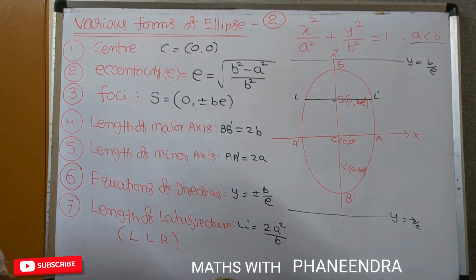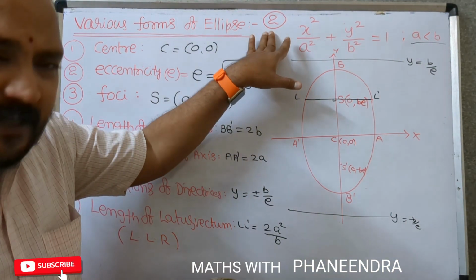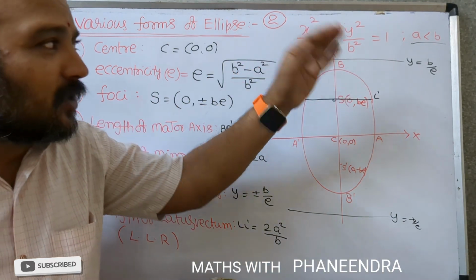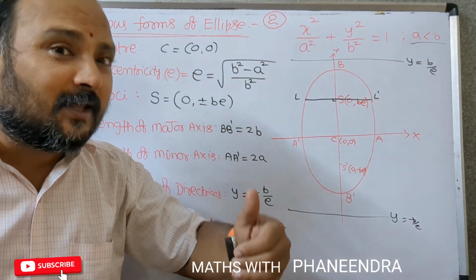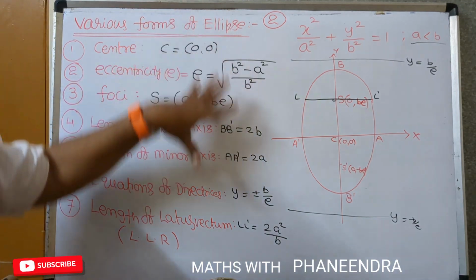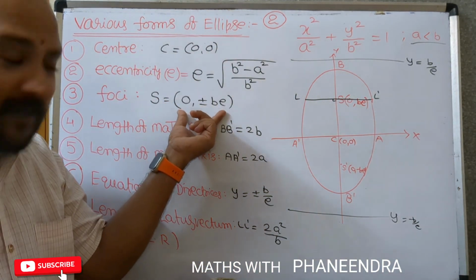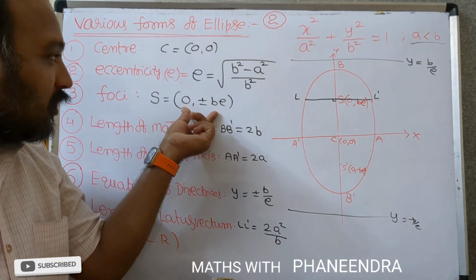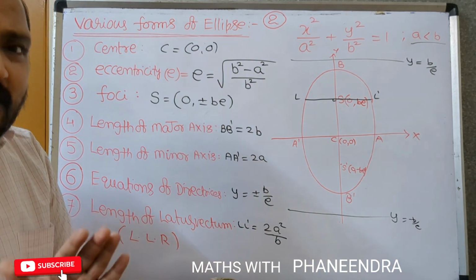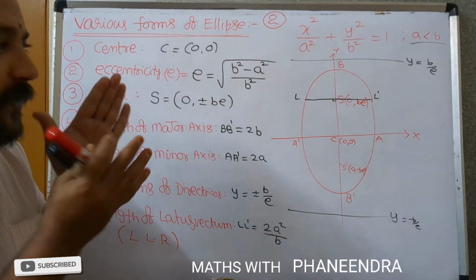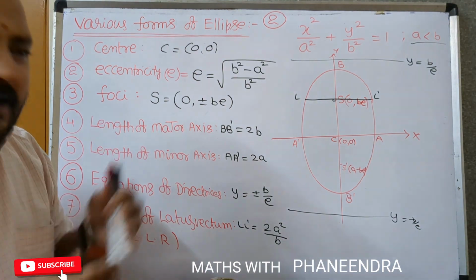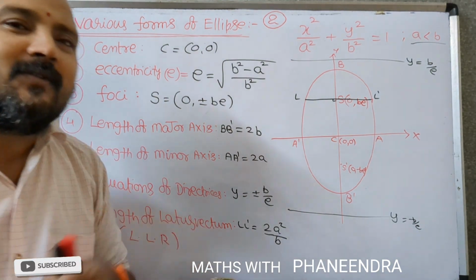If you remember the first case, x square by a square plus y square by b square equal to 1, A greater than B. Whatever values are there, especially coordinates like 0, 0, you can add h comma k to the respective x and y coordinates.